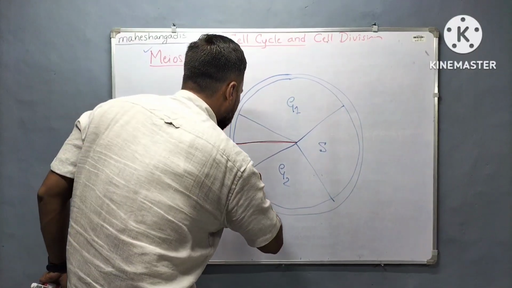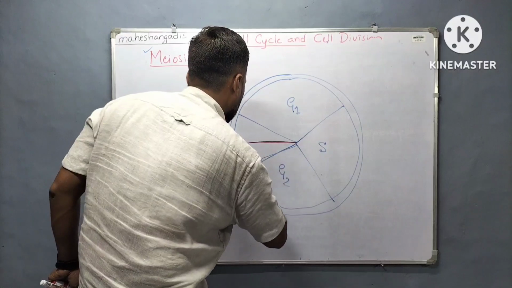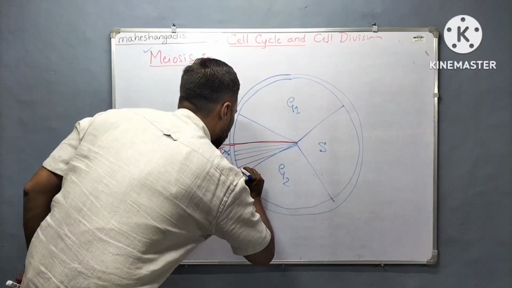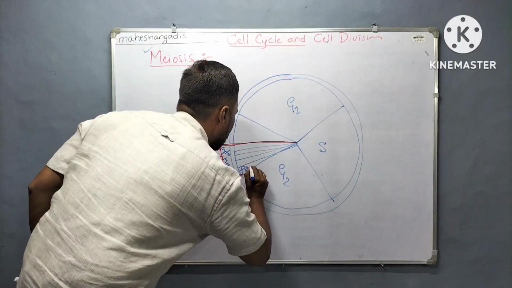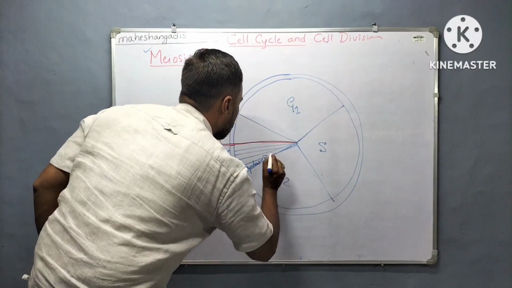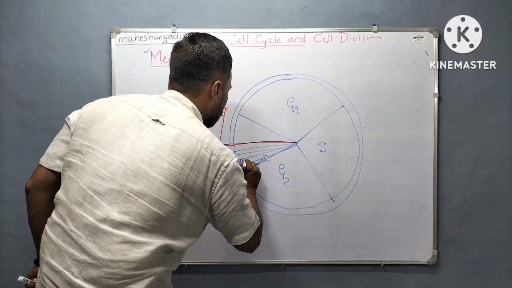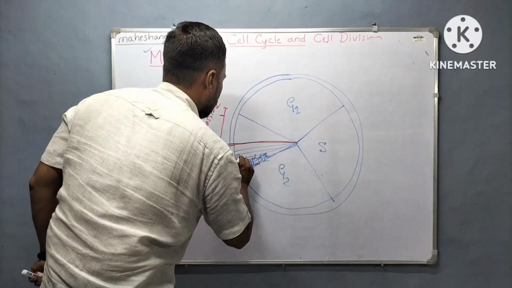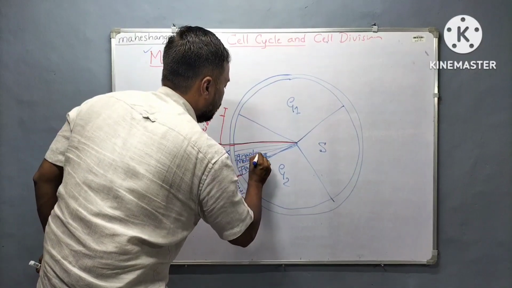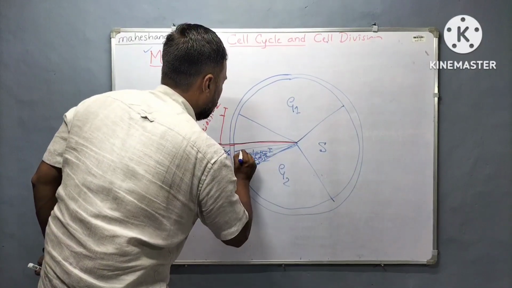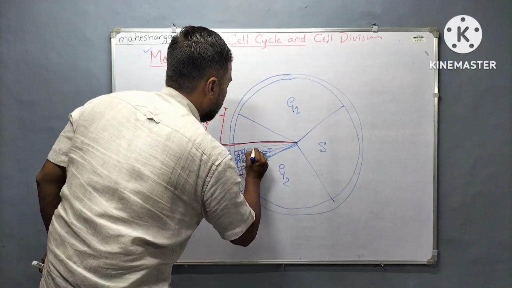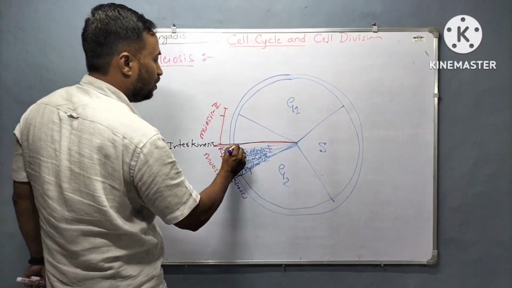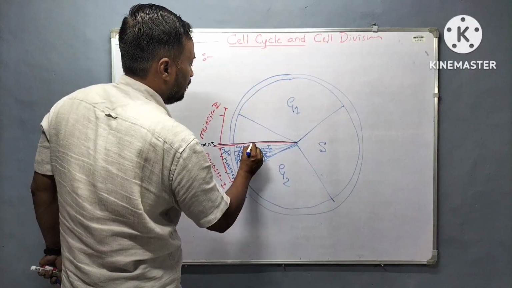In karyokinesis, there are four phases. We already named them as prophase 1, then metaphase 1, anaphase 1, and telophase 1, which is followed by cytokinesis.